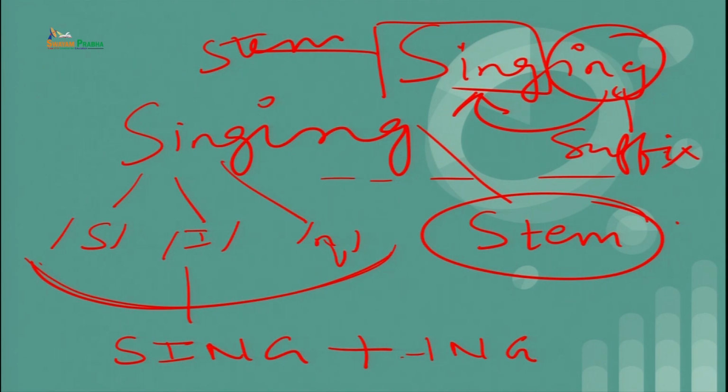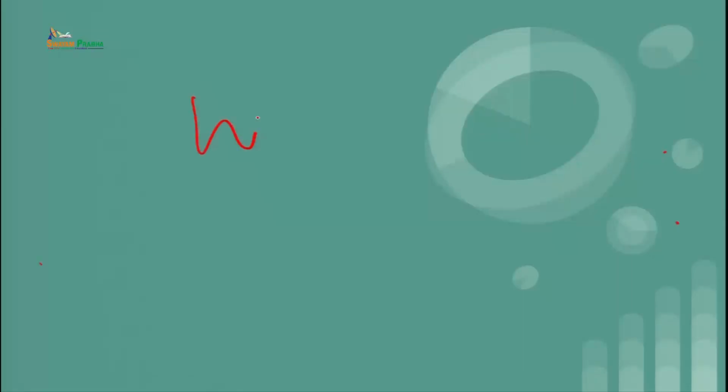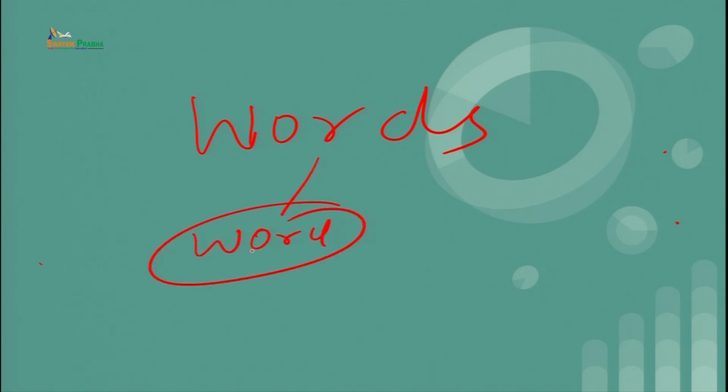Similarly, we can take up other examples also. The other examples, such as you say words. So, here word would work as stem and s would be a plural marker.